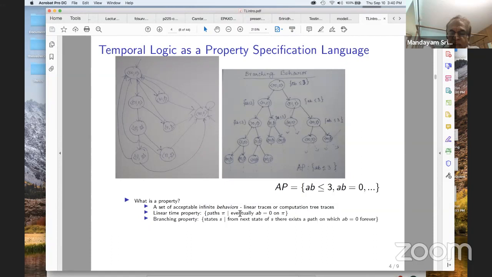What it includes is that on every path, eventually a b is equal to 0 becomes true. Maybe I said it wrongly the first time. If I said forever, that was not right. So eventually a b is equal to 0. Can you identify some paths here? Obviously not every path does. So does every path in this behavior satisfy this property?